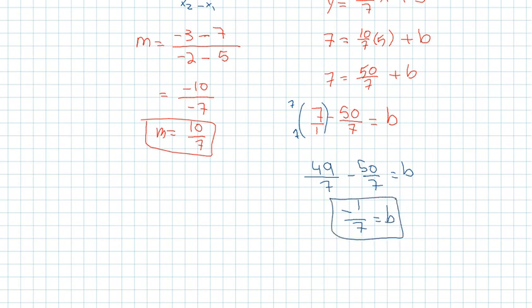So finally, my equation, my slope is 10 over 7, and minus 1 over 7. And that's the end of my equation. Yes, when you come to graph it, you have to put it in decimal to be able to graph it.